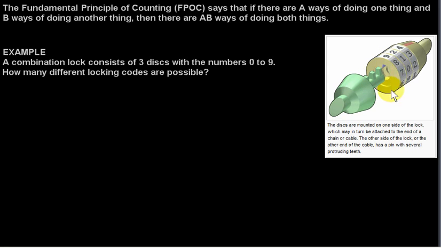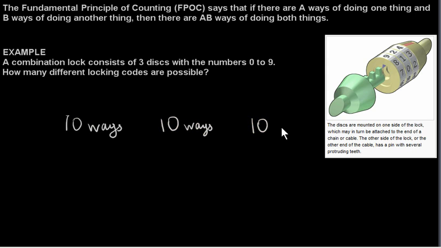Well, there are 10 numbers on the first disc, the numbers 0 to 9. So we have 10 ways of having a number appear on top. 10 ways for that to happen, because there are 10 numbers 0 to 9. And for the second disc, we have another 10 ways.